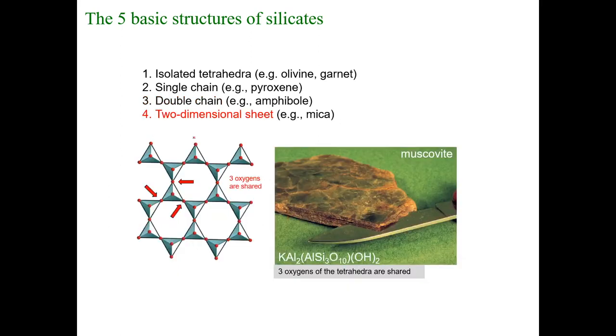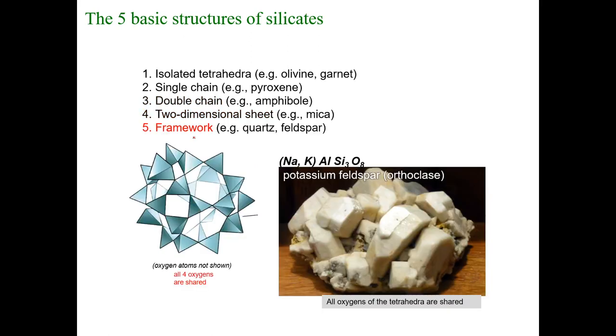In mica, every single tetrahedron shares 3 oxygens at its corners. And then the final one is the framework type silicates, quartz and feldspars, in which those tetrahedra share all of their oxygens with some other tetrahedron.